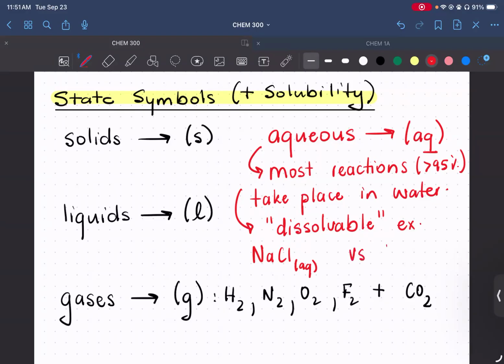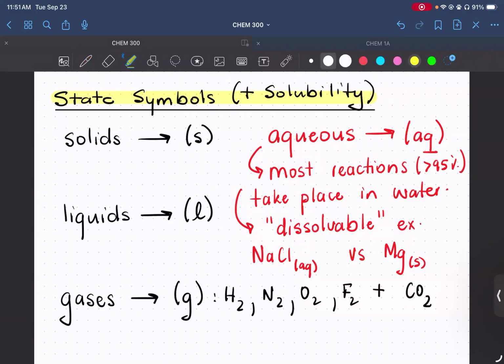Compare that to something like a strip of magnesium metal. If you were to drop that magnesium metal in a cup of water, would that magnesium strip dissolve? No. So magnesium is classified as a solid. So the term aqueous simply means dissolvable in water.